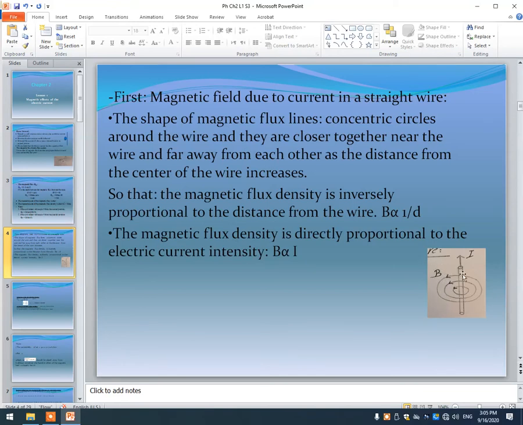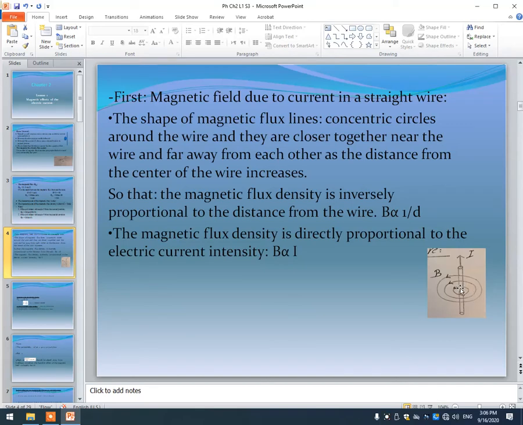The shape in front of you, a number of circles, has the same center, which is the wire itself. So this figure is called concentric circles. And these lines have certain directions, which can be determined by a certain rule called Ampere's right hand rule.